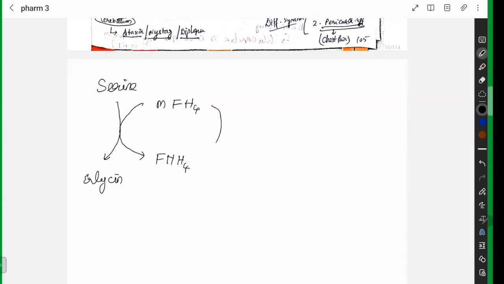The methyl group from your methyl tetrahydrofolate is going to be taken up by your dUMP. This deoxyuridine monophosphate is going to get converted into deoxythymidine monophosphate, dTMP.